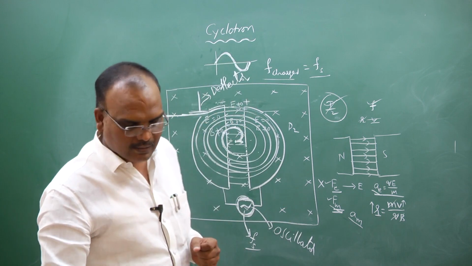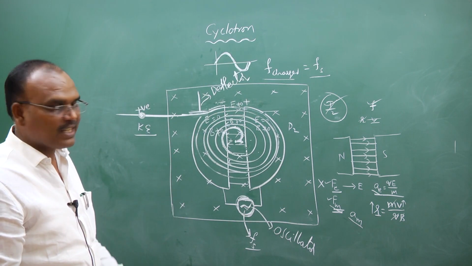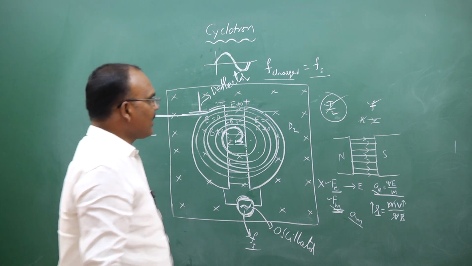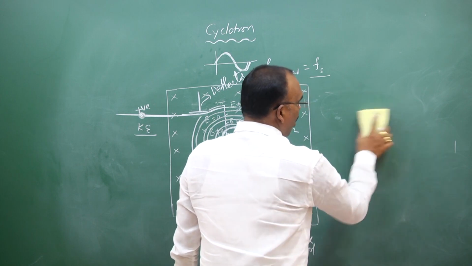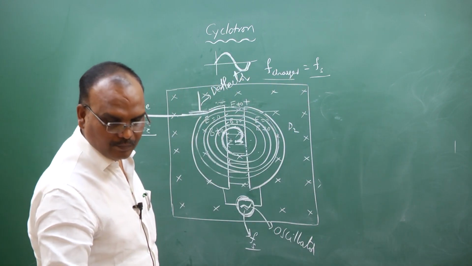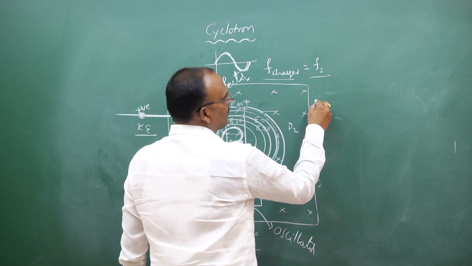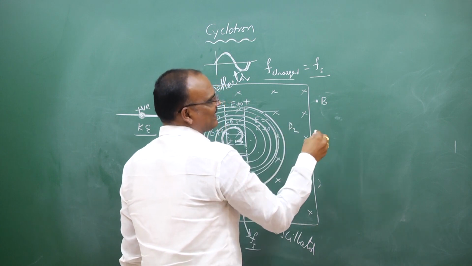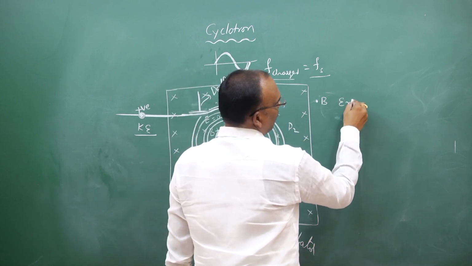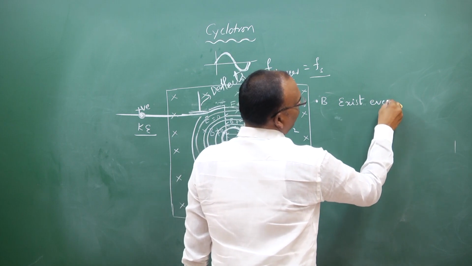But in this cyclotron, usually we are going to get some theory questions in competitive exams. Those we will discuss now in detail. First point. See here, magnetic field B exists everywhere.